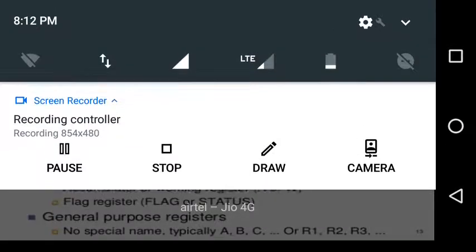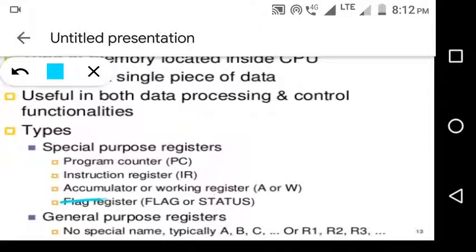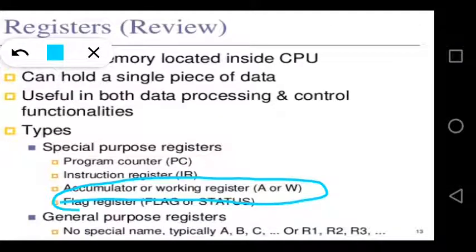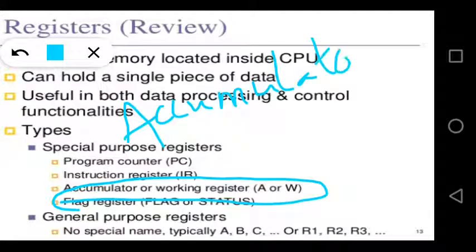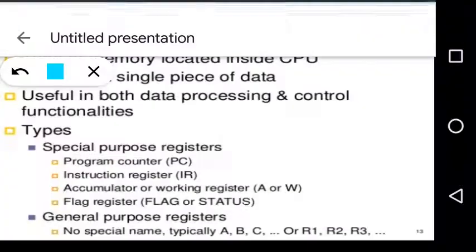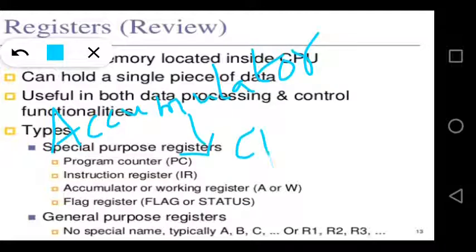Next I have the accumulator or working register. So what is this accumulator? The accumulator is a special type of register. Some CPUs are accumulator based CPUs.